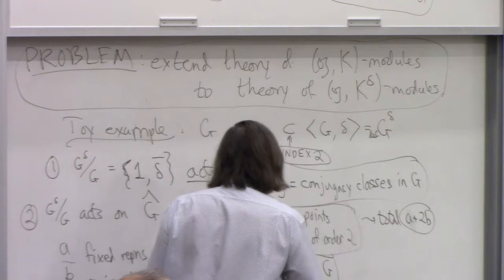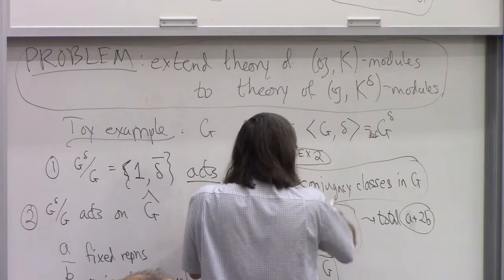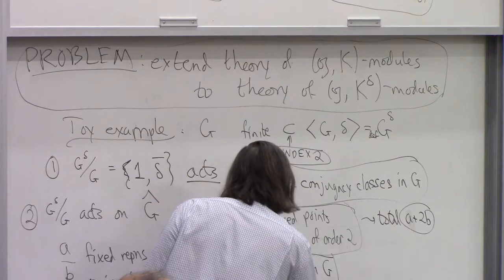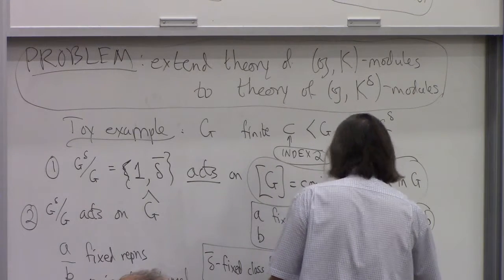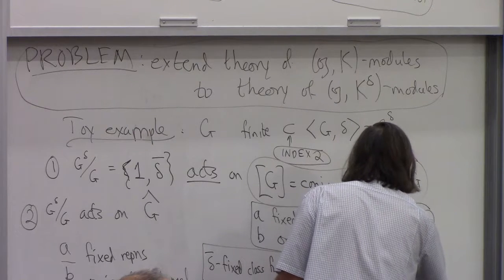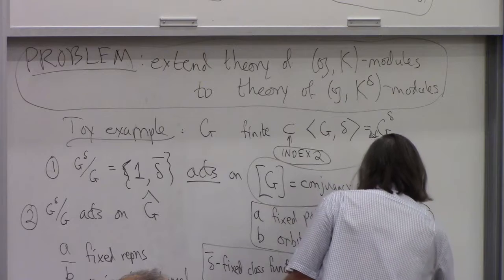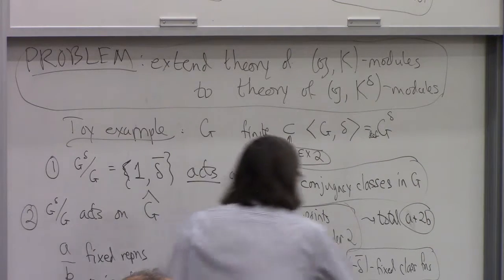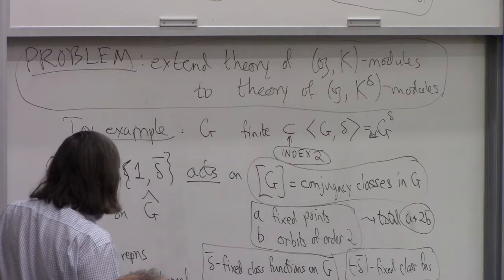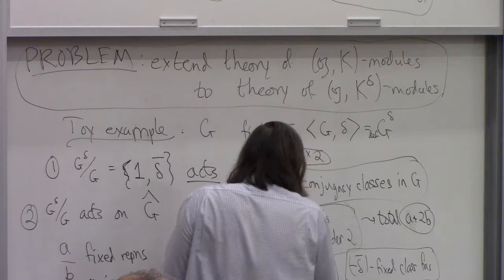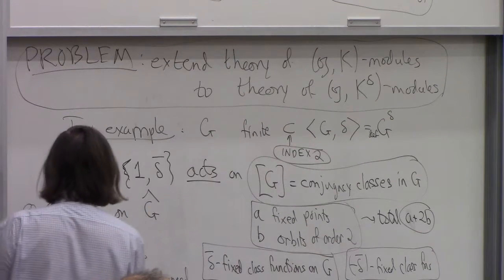The delta fixed class functions have dimension... If you look at characteristic functions of conjugacy classes as a basis, it's kind of clear that the dimension is A plus B. And the minus delta bar fixed class functions, this space has dimension B. And well, you can compute... Well, I've said enough.